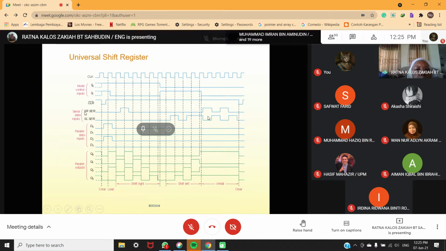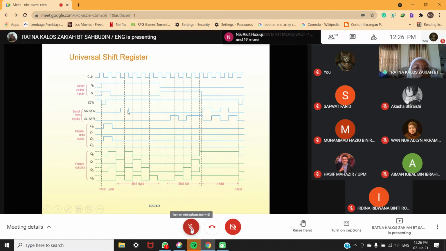This is for data input, serial data input. Okay, this is how the serial data input goes. We don't use this actually, right? We use this 1010 because this is for parallel. We design for parallel input, parallel output, right? Okay, so when we load, it loads inside here.